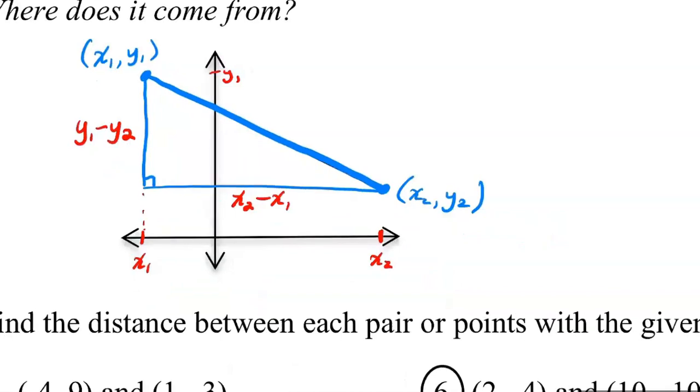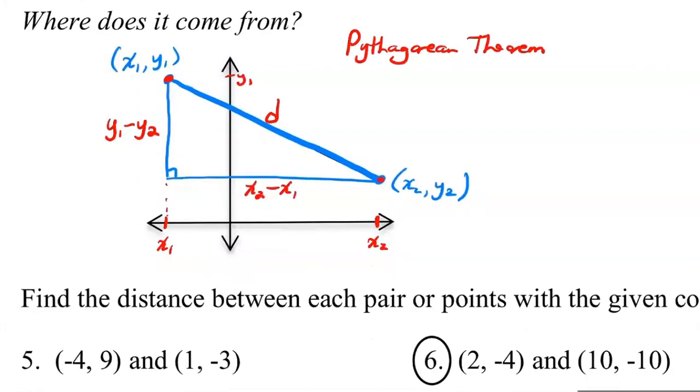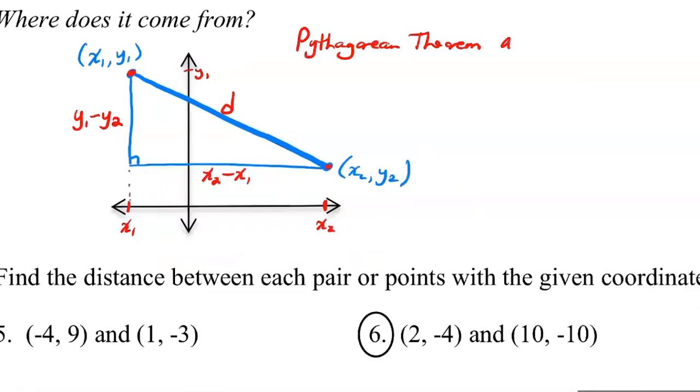So to find this distance from one point to the next endpoint, we could use what's called the Pythagorean theorem. The Pythagorean theorem states that in a right triangle, a squared plus b squared equals c squared. So let's use this side as our a, this side as our b, and this side as our c.